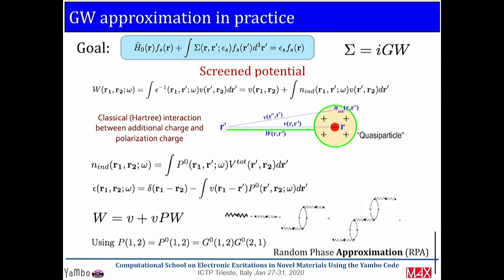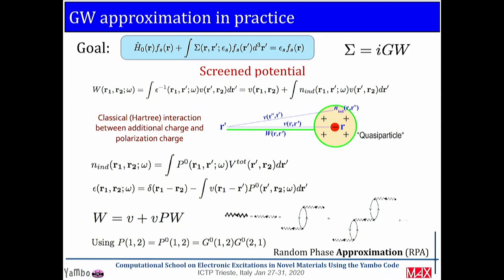It can be seen also in a classical way. So W will be the potential plus the potential felt by a test charge due to the density induced by the perturbation. Here we say that the induced density is such that the system responds independently, as an independent system, to the total potential, not the external potential, but the total potential, the external plus the induced, and this is indeed the random phase approximation.